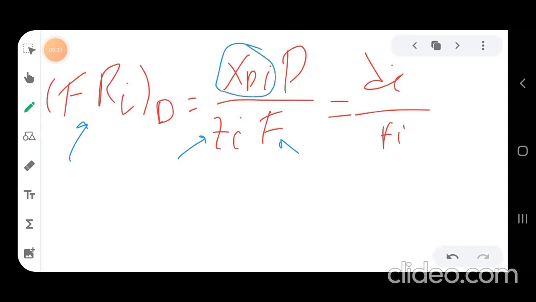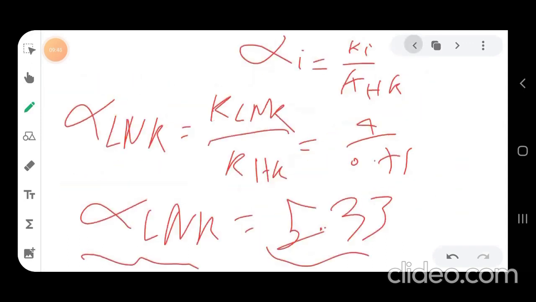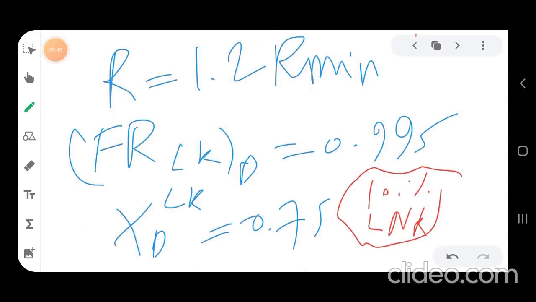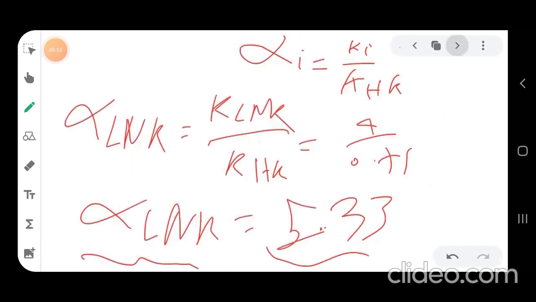Okay, so we can easily determine this D, or in other words, we can determine di. Okay, but what fractional recovery do we have in the question? We have a fractional recovery of the light key. Okay, so we have a fractional recovery of the light key.